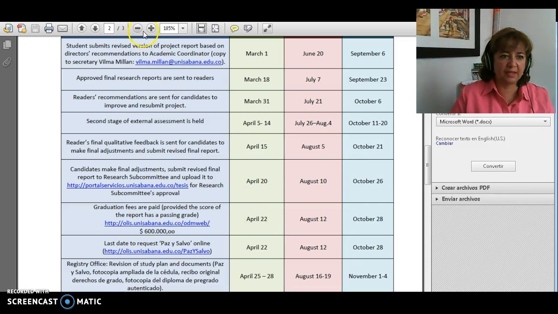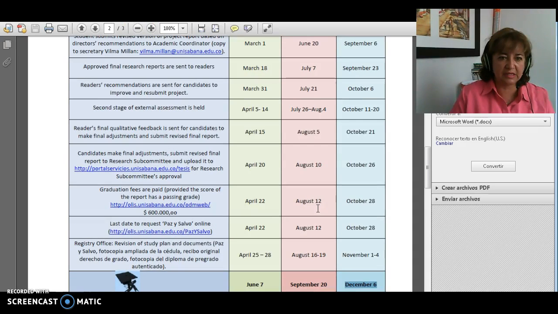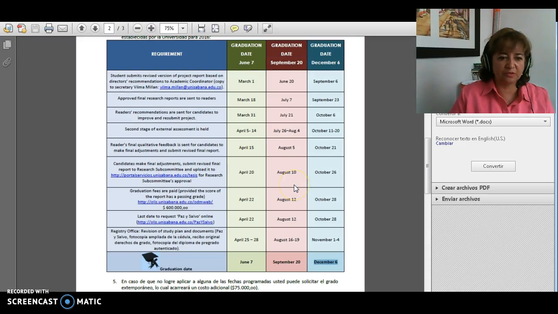So let me just minimize this so you can see the whole dates that you need. Here it is. So the stages in general terms will be that you need that professor approves your paper. It will be sent to external readers.